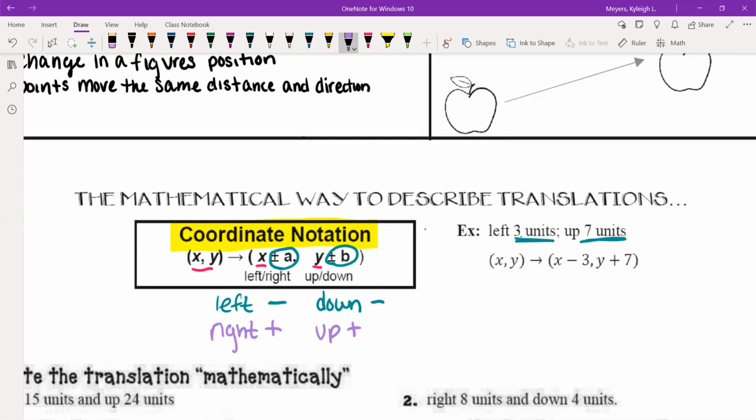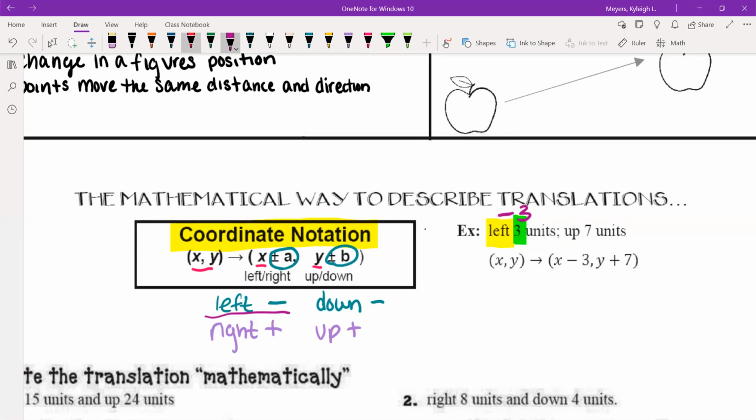So we're going to look at this example over here. In this example, it's going left, and we know that left is negative. So I'm going to say minus, and it's going left 3 spaces, right? So this should be a minus 3 then.